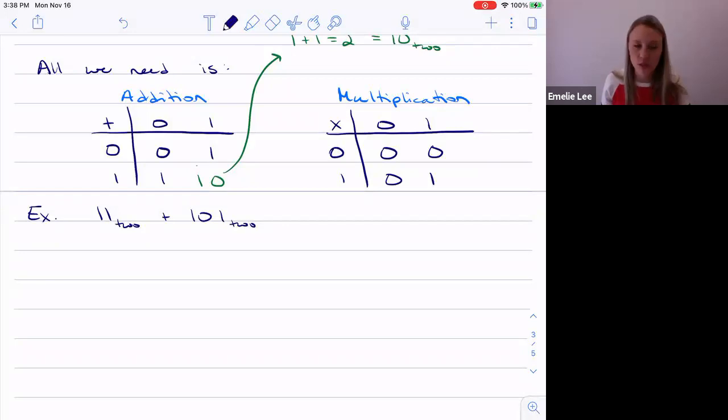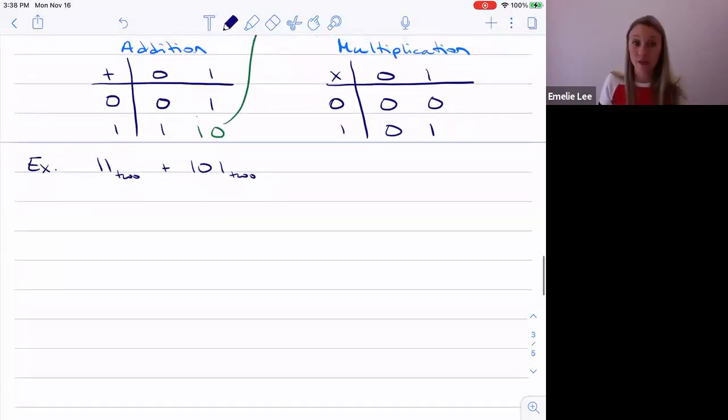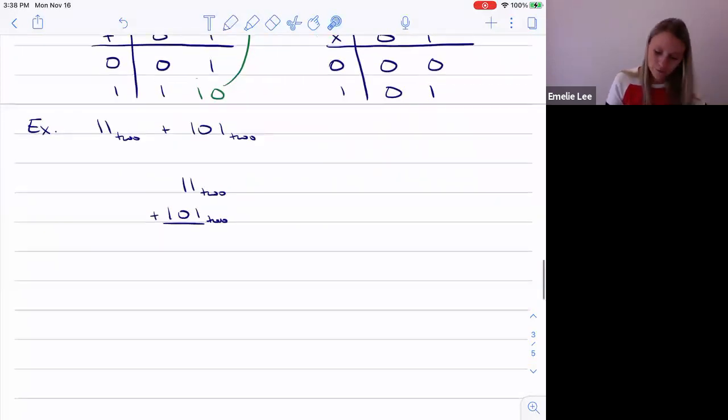So if we set this up just like we would normally if you're doing arithmetic by hand, I know we don't really do that anymore, but now we kind of have to. So we've got 1, 1 base 2 plus 1, 0, 1 base 2. Oops, that should say 2. Now I'm going to add: 1 plus 1 makes 1, 0 base 2. Just like if we landed on 10 in normal arithmetic, we would write the 0 and carry the 1, and that's exactly what we're going to do.